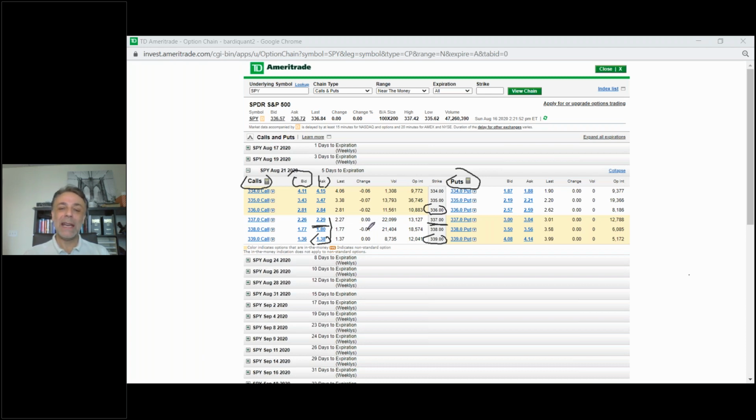Initially you can think of doing something very simple. You can buy a call, and that will give you the ability to profit if the price of the security you selected goes up.